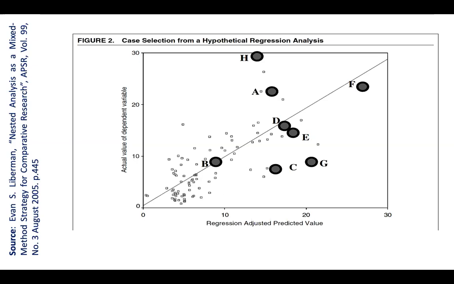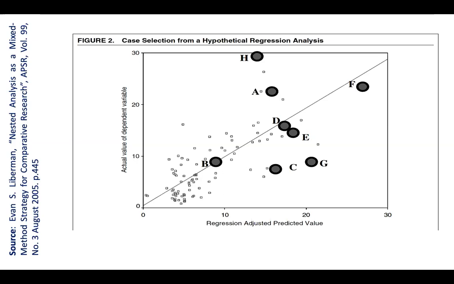So here, H could be an outlier or something, so it might be an interesting case to investigate. So you can select the case based on the quantitative findings, or perhaps you can have A and H, and then one of the cases or observations that falls on the best fitting line.